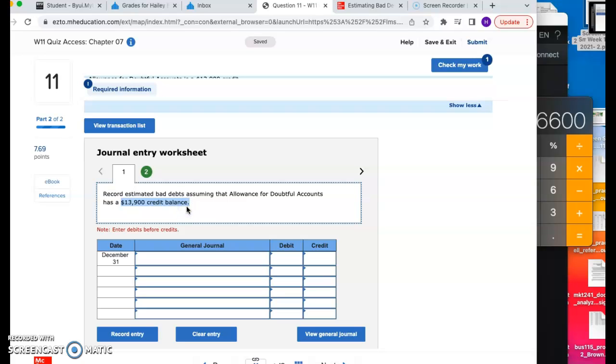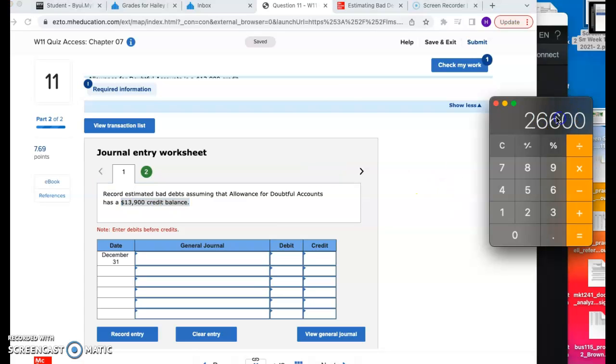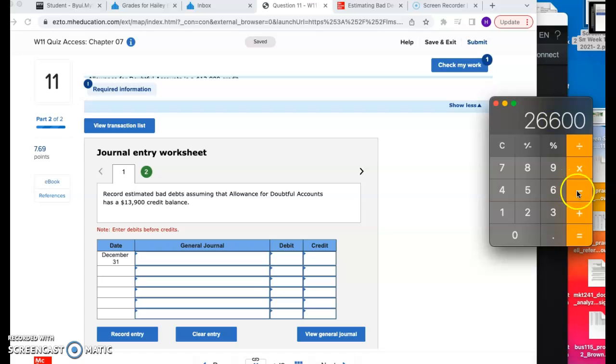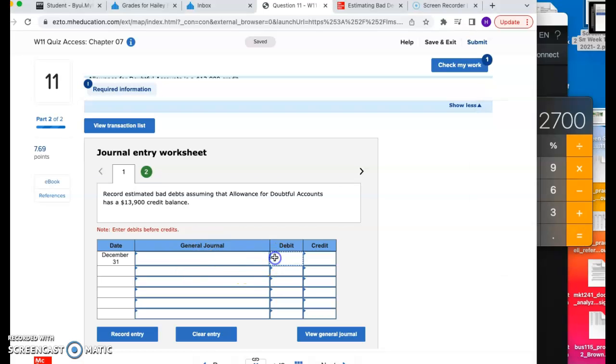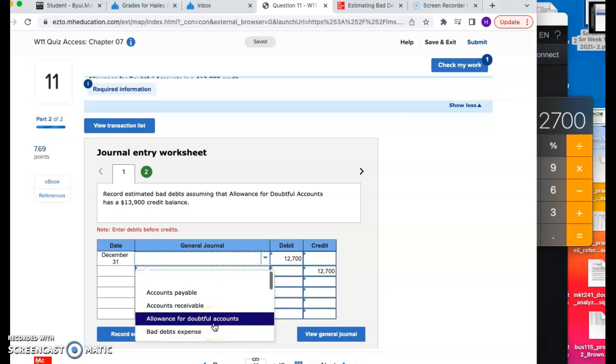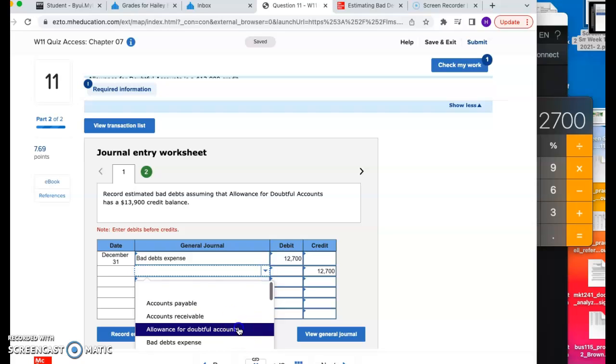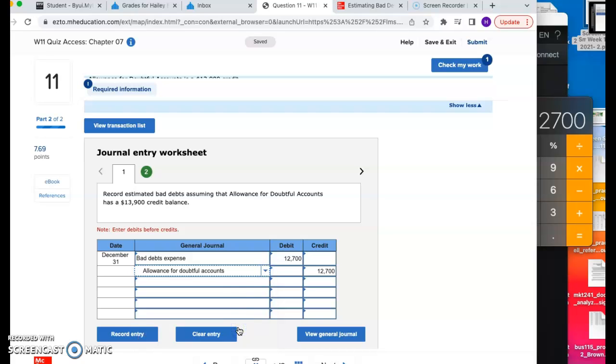So for that, since it's a credit, we're taking 13,900 and subtracting it right here. And so I got 12, right here, and I always put the debits first, and it has to equal the same thing. So again, the bad debts expense, and then this allowance for doubtful accounts.